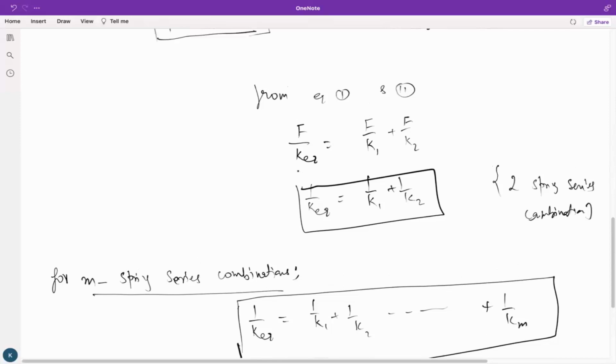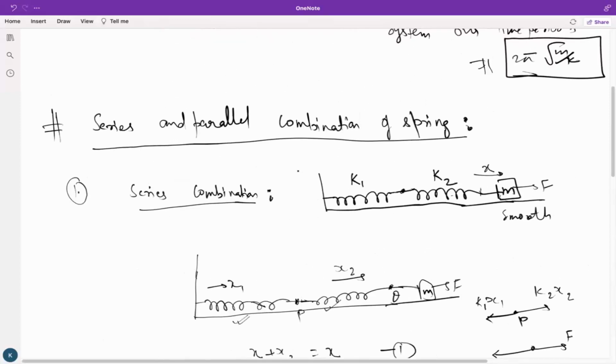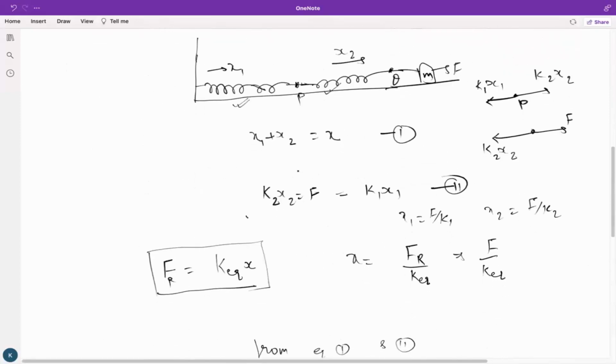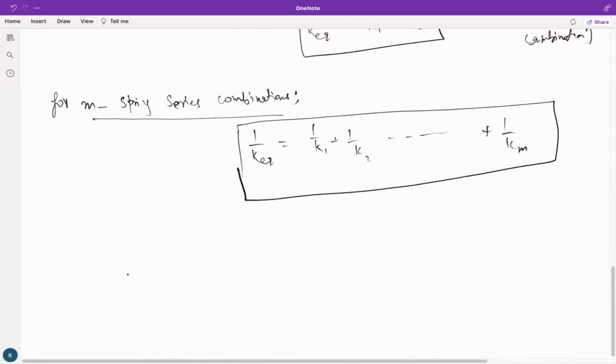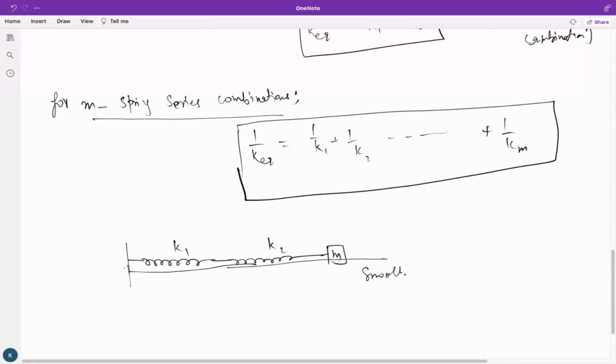Now, this is for series combinations. So actually we are going to deal with the same thing. Like if there are two springs given, K1 and K2, and there is mass M. Okay, so this is our smooth surface.